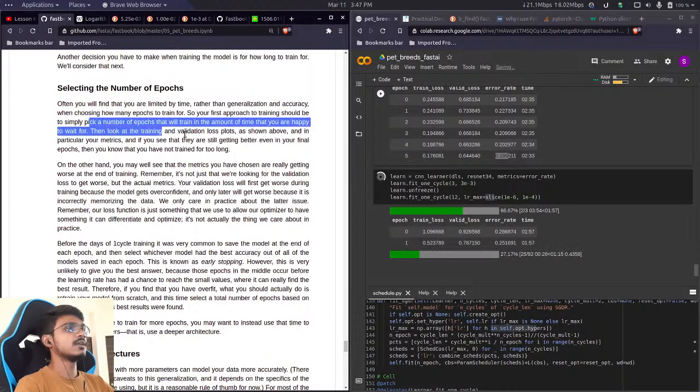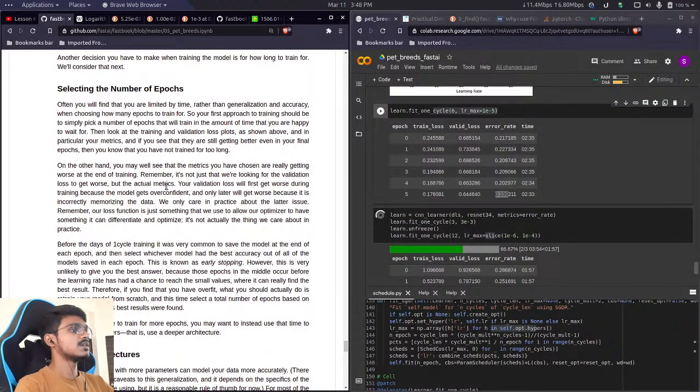Then look at the training and validation loss plots as shown above, and in particular your metrics, and if you see that they are still getting better even in your final epochs, then you know that you have not trained for too long.